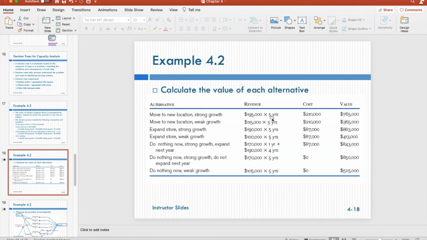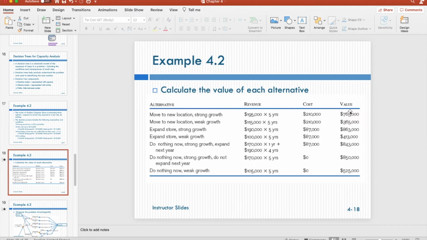If we take the revenue for the next 5 years minus this one-time cost, you get 765,000. That will be your profit, under the situation that you move to a new location and you meet the strong growth.